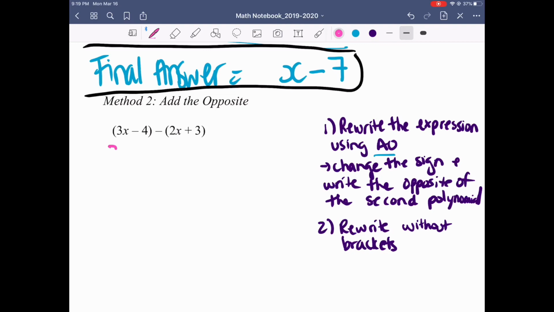So we have 3x minus 4 minus 2x plus 3. I'm going to actually do AO. I'm going to change the subtraction to addition, and I'm going to add the opposite. So the opposite of 2x is negative 2x. The opposite of plus 3 is minus 3. And then I'm just going to remove the brackets.